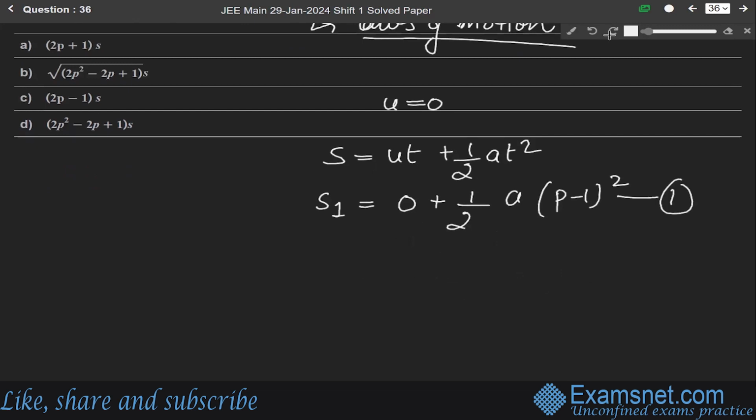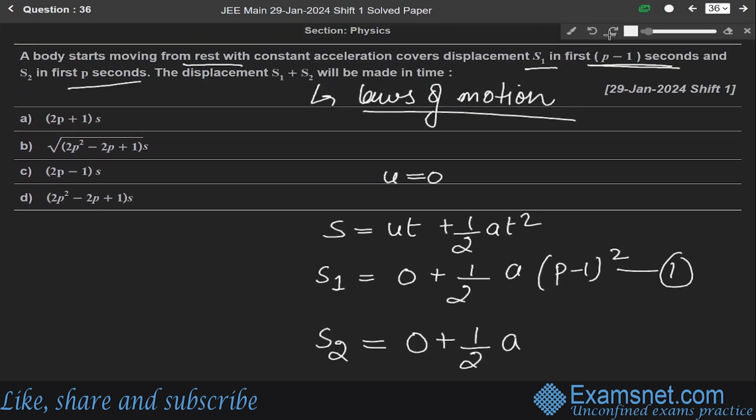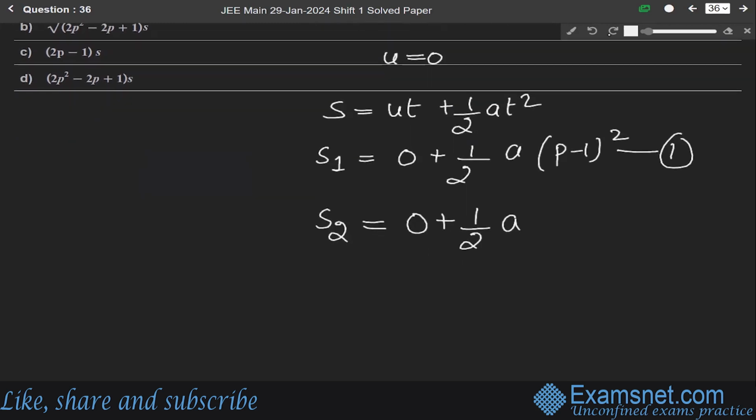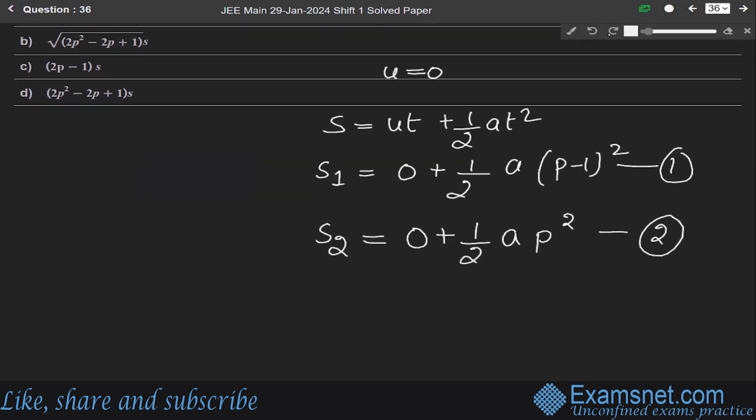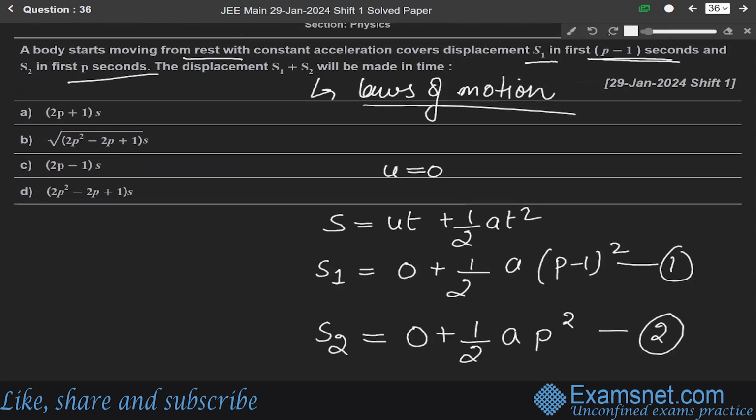And S2 is equal to initial velocity 0 plus half a t square, where t is p seconds, so half a p square.